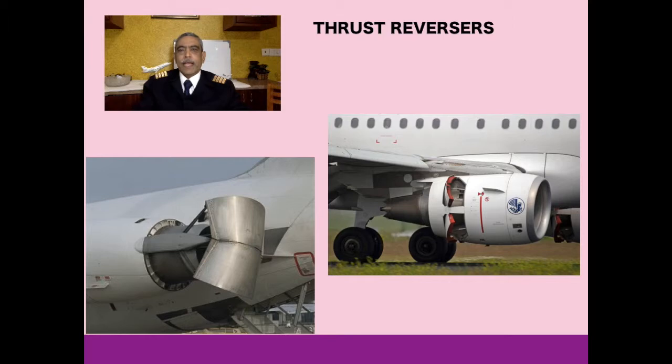Okay, let me talk about something more interesting, the thrust reversers. The thrust reversers are constructed in the aircraft engines to provide rearward thrust after landing so that the aircraft can decelerate fairly fast.